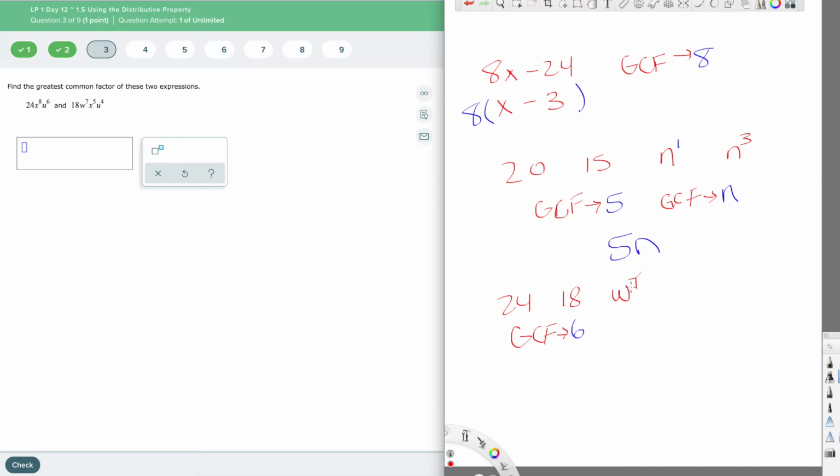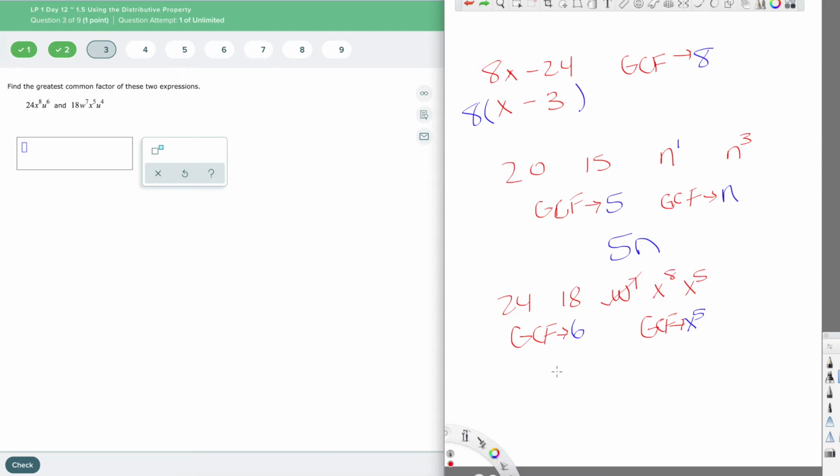I can't take a W. But they both do have an X. So I have X to the 8th and X to the 5th. Remember, the greatest common factor when I'm looking at a variable is just the smallest one. The smallest one here is X to the 5th. I can divide X to the 5th away from both of these. That means this one would cancel out and this one would become X cubed, because I subtract those when I divide them away.